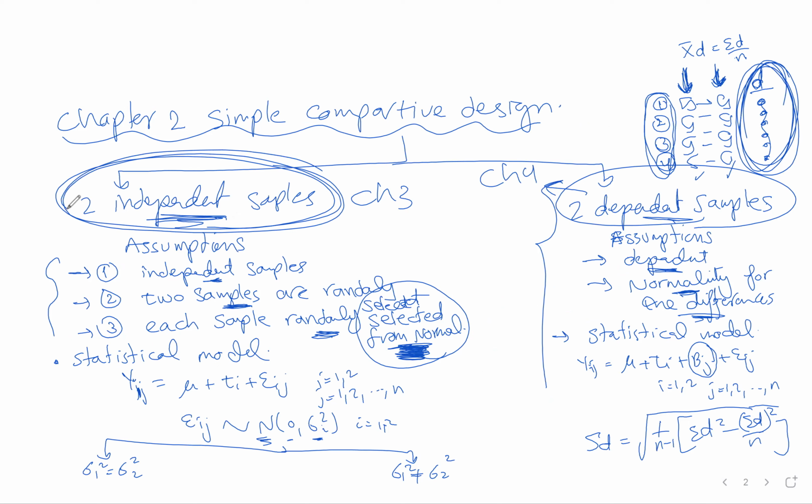In chapter 2, my treatment factor has only 2 levels, but in chapter 3, my treatment factor has many levels. So we have many treatments.